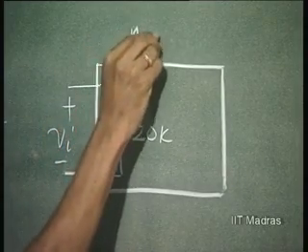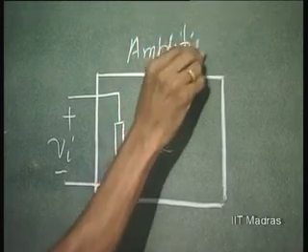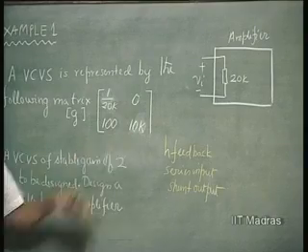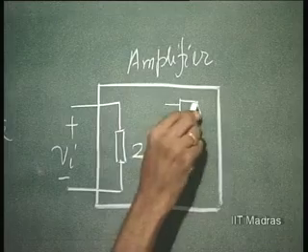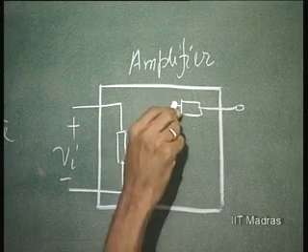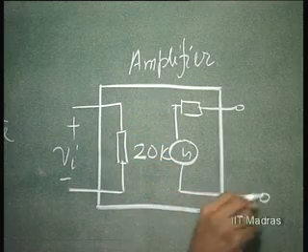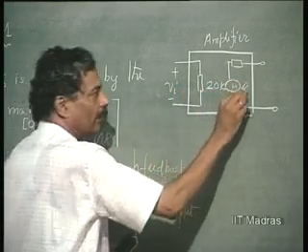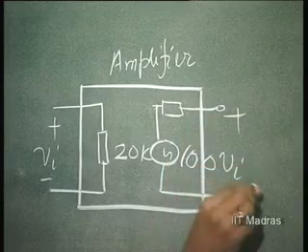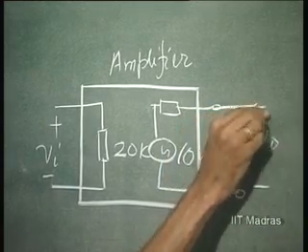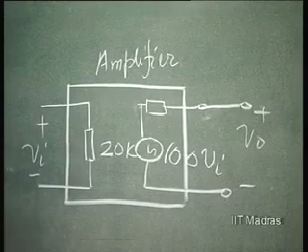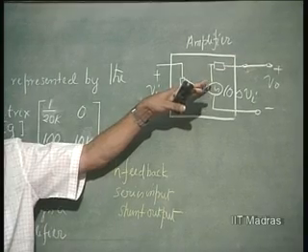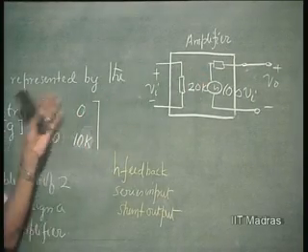This is the amplifier. 10 k is the output resistance, and it is represented as a voltage source, and the open circuit voltage gain, when you are not loading the output, is 100. So, this is 100 times Vi. This is the equivalent circuit representation, which you very well know. We have dealt with this kind of thing earlier, given the matrix.